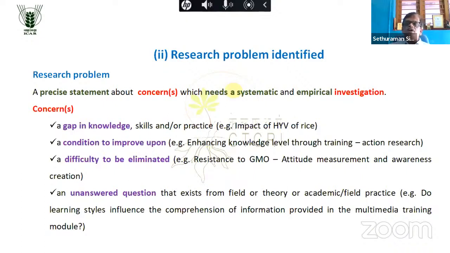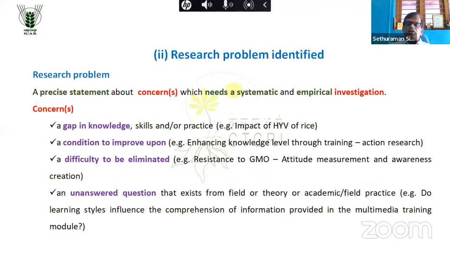They may not be completely aware of GMO. You have to go and teach them what a GMO crop is and what benefits you are going to get from it, and there may be some negative points. How to eliminate those negative points? All these things you have to educate the farmer about.